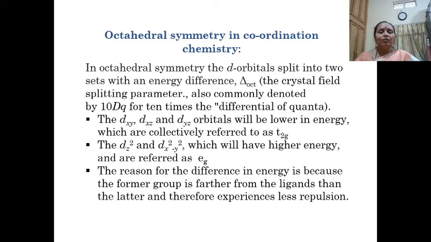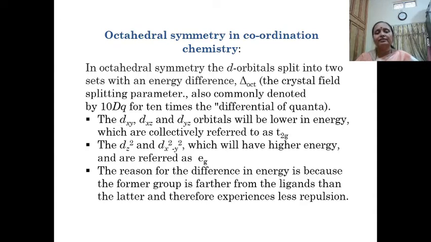What are we going to observe in octahedral symmetry in coordination chemistry, that is in crystal field theory? In octahedral symmetry, the d orbitals are going to split into 2 sets with an energy difference.